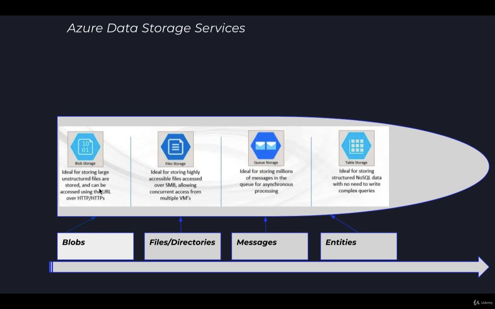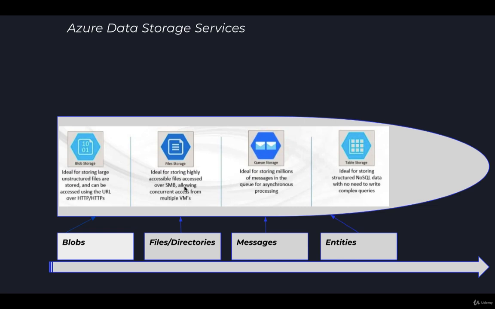The next one is file storage. File storage is used to store highly available files which are accessed over the SMB protocol, Server Message Block, for storing files and directories. SMB allows multiple VMs to read and write files in a particular directory.